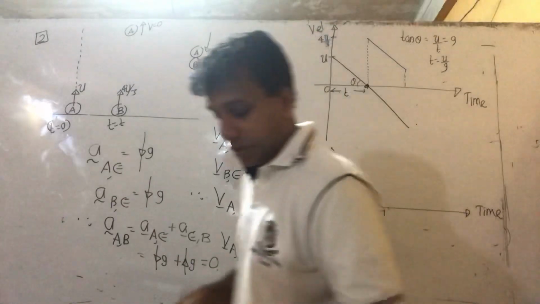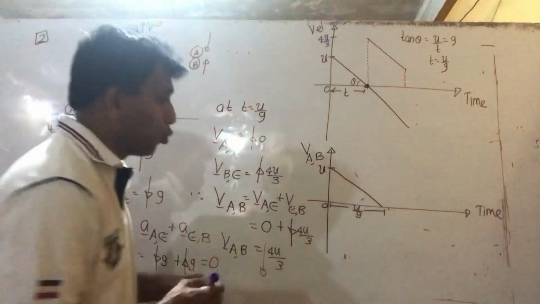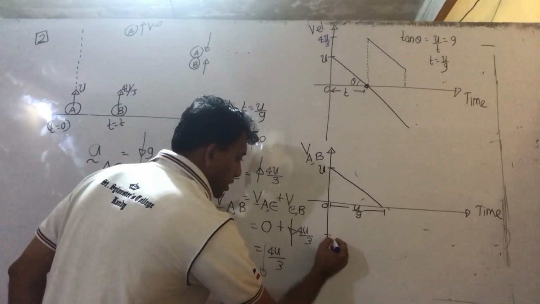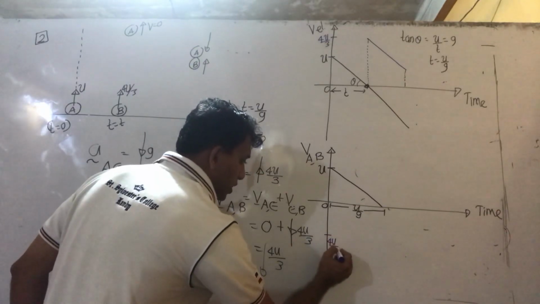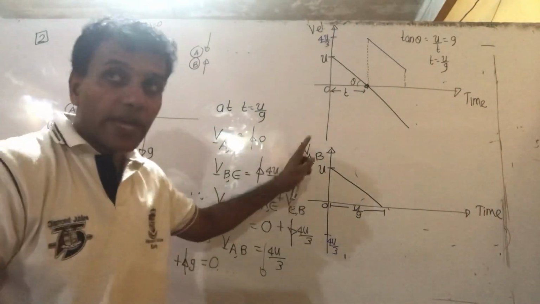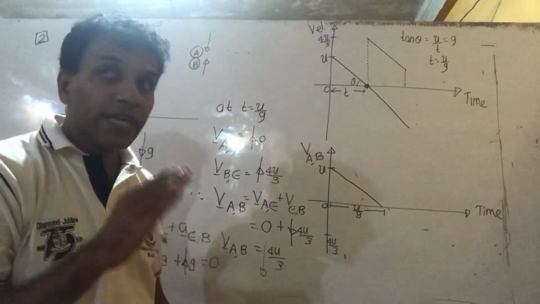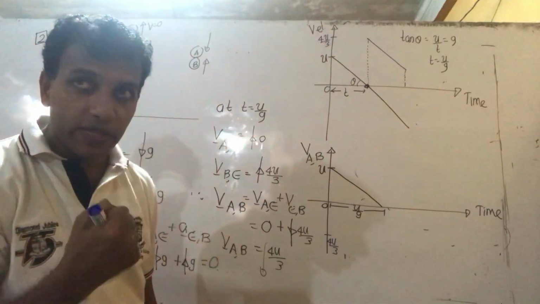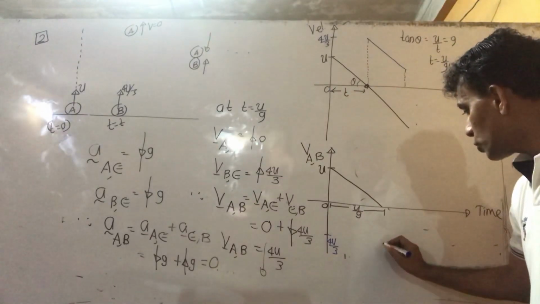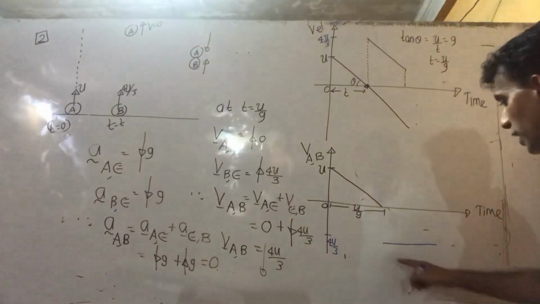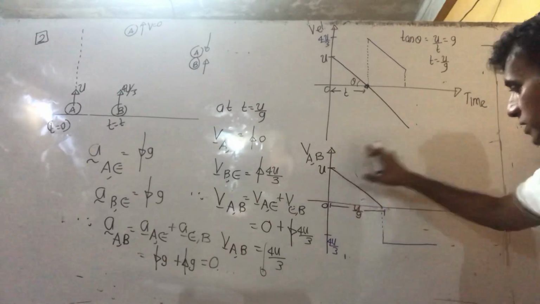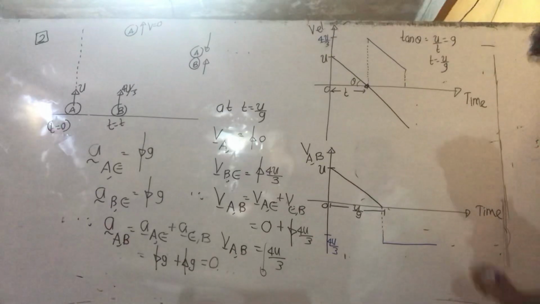So in this case, how do you draw the graph? Somewhere I mark this 4U over 3, and it becomes uniform velocity, because of the velocity of A relative to B. B is at rest, and A comes and collides with B. Therefore B observes A coming with uniform velocity like this. Okay, this is the graph, the full answer for both of that.